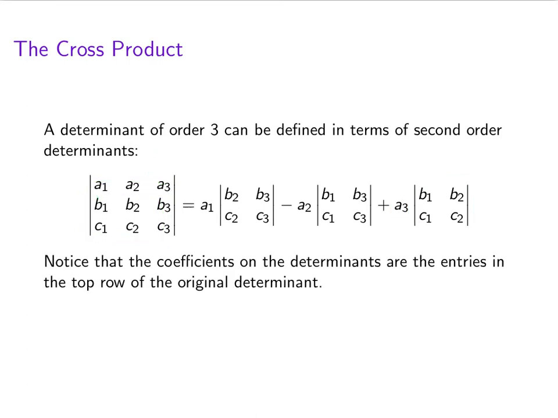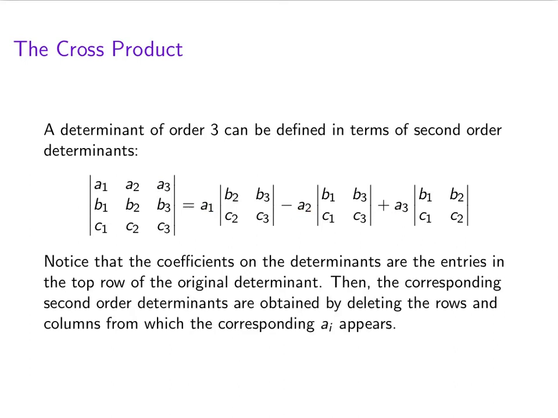So notice that the coefficients on the determinants are the entries in the top row of the original determinant. So these guys here, the A1, A2, A3, show up here. So then the corresponding second order determinants are obtained by deleting the rows and columns from which the corresponding A sub I appears. Okay, so let's go over that again. Where, for instance, does this come from?